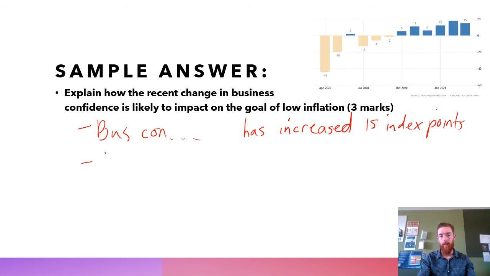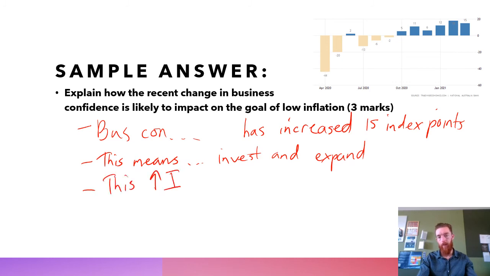And then you'd say this means that businesses are more likely to invest and expand. This increases private investment spending, which is an injection to AD. And that then increases AD overall.